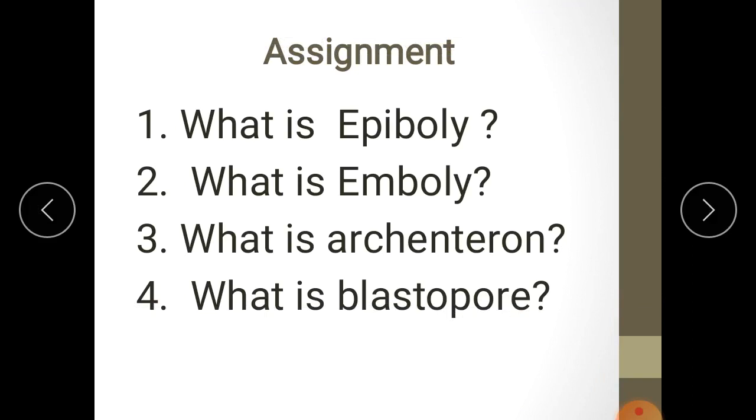Next, what is emboly? Second question. And third one is, what is archenteron? And fourth one is, what is blastopore? So these are the assignments on this chapter.